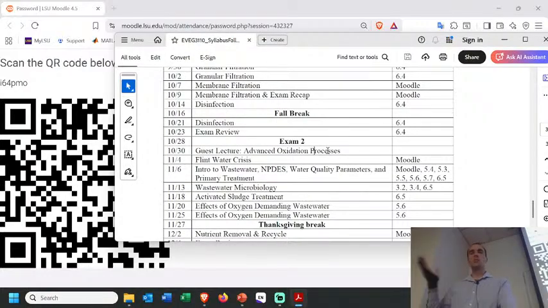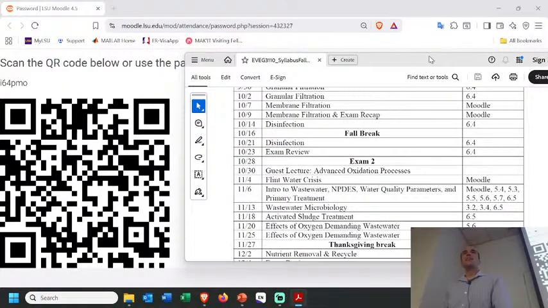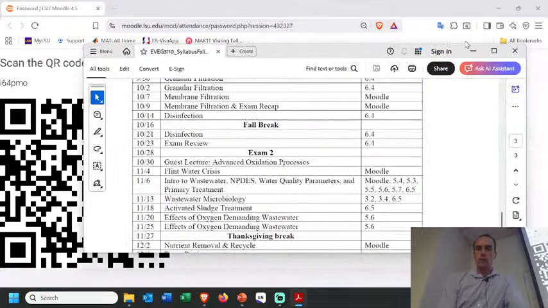It'll be a good connection between drinking water and wastewater, because we do actually use disinfection for wastewater, but we're covering it in the drinking water context today and next time. So he'll give you kind of a bridge there. Okay, so get this out of the way and we'll get going.